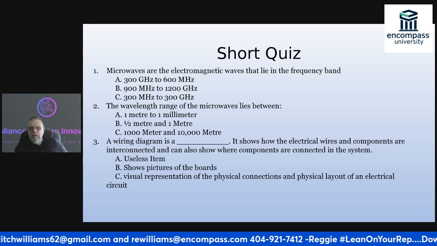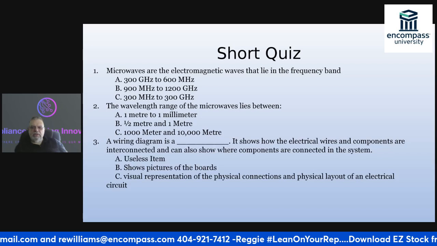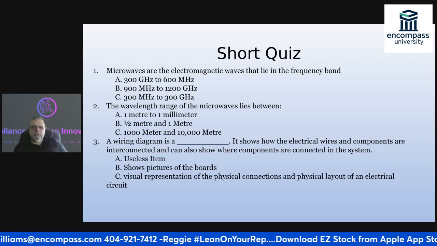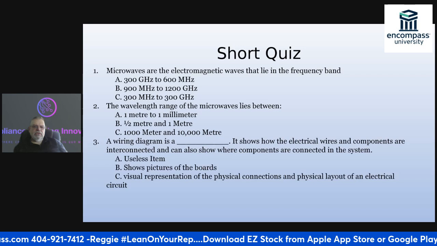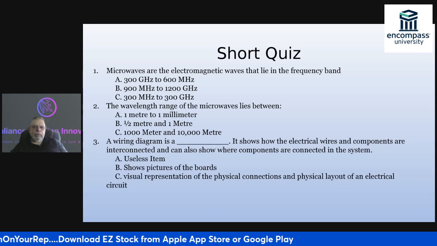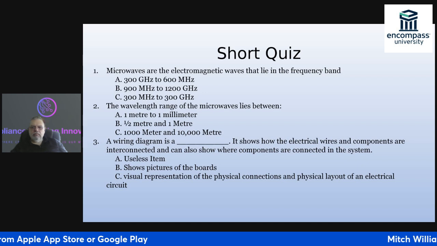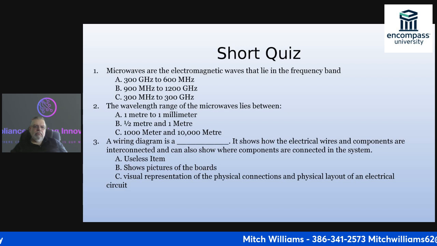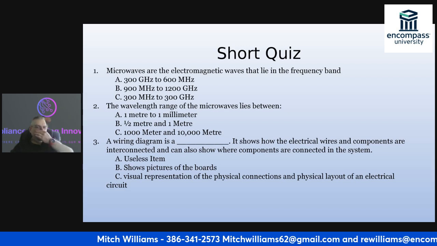Somebody give me a quick answer to that one. What's the answer to question number one? The answer to question number one is C. It's 300 megahertz to 300 gigahertz.